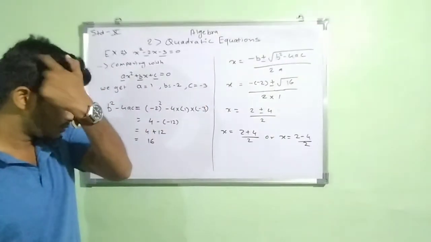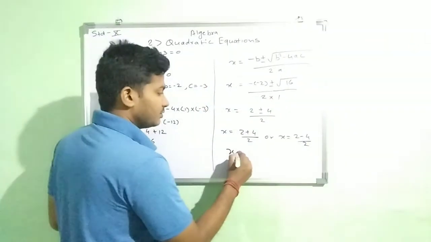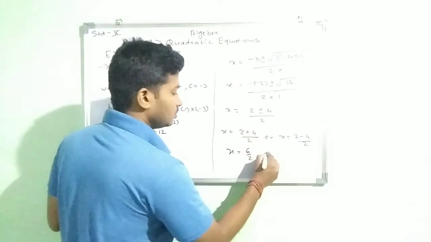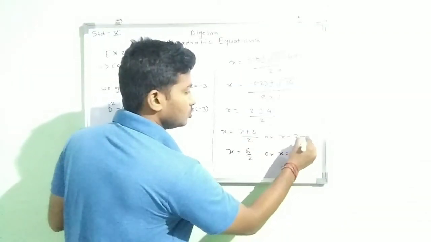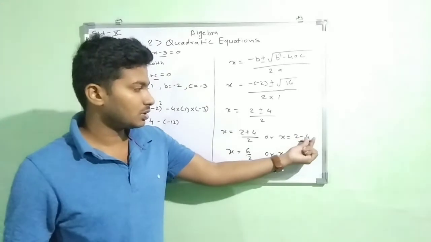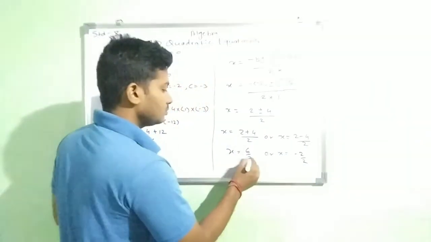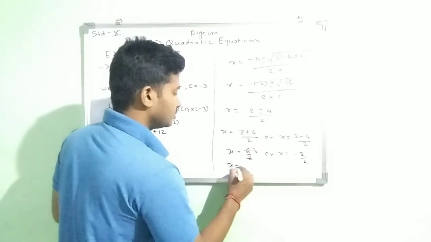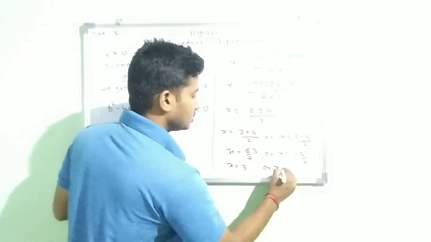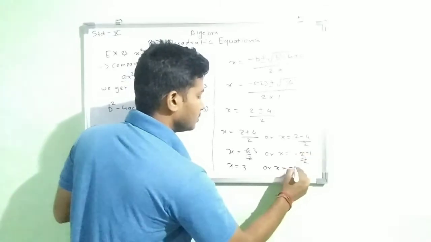Okay. So x will be equal to 2 plus 4 will be 6 upon 2 or x is equal to 2 minus 4. Okay. So 2 is smaller, 4 is bigger, so it will be minus 2 upon 2. 3 times. So x will be 3 or x will be minus 1.